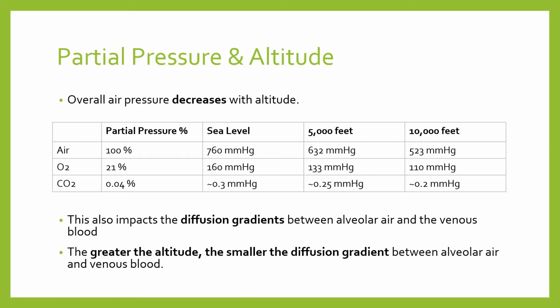So when we breathe that air in, the difference between that air, once it gets into the alveoli, and the partial pressure of oxygen in the bloodstream is much less than it would be if we were down at sea level. And that has significant consequences in terms of how our respiratory system has to work in order to transfer and transport that oxygen to where it's needed.